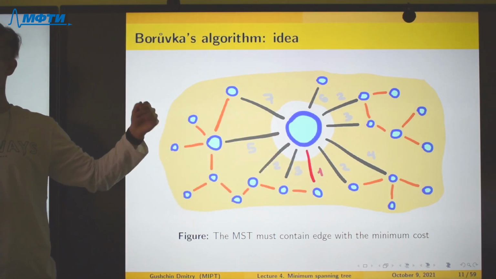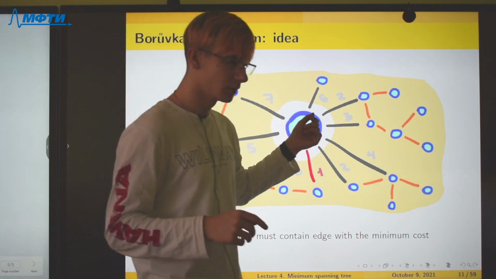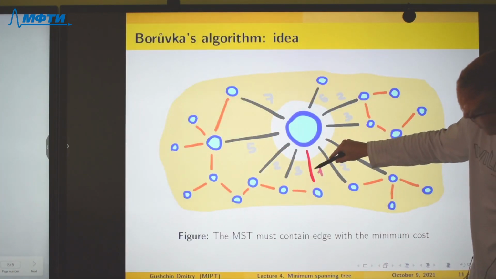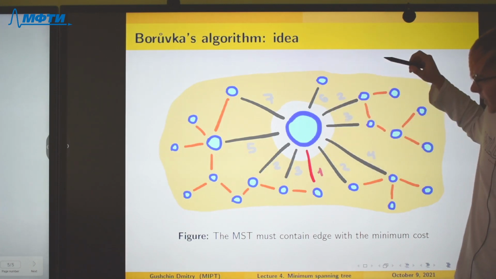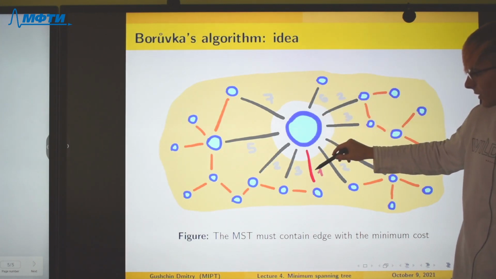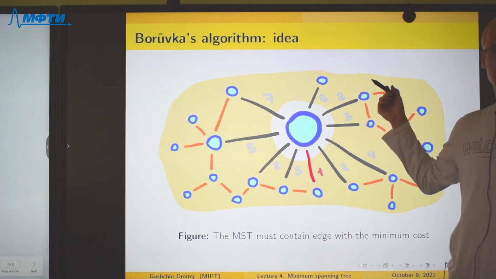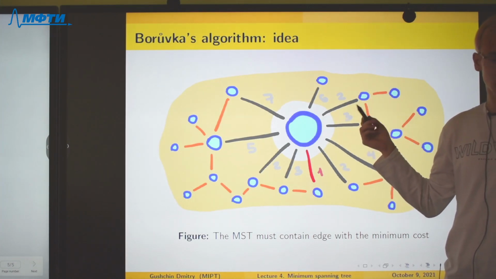So if we take the edge that connects with this vertex and has a minimum weight, it must be in some minimal spanning trees.